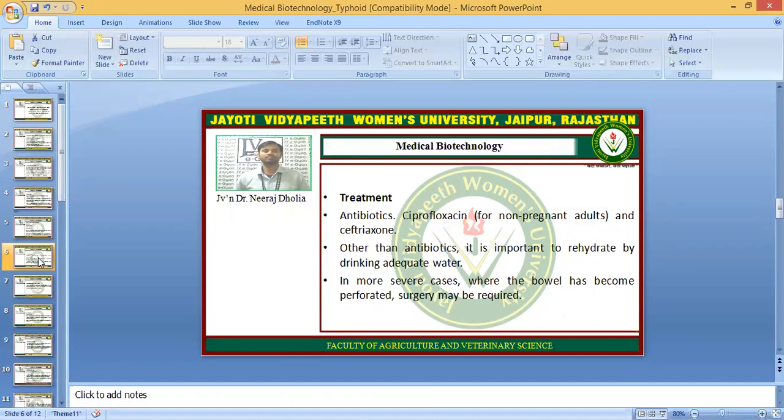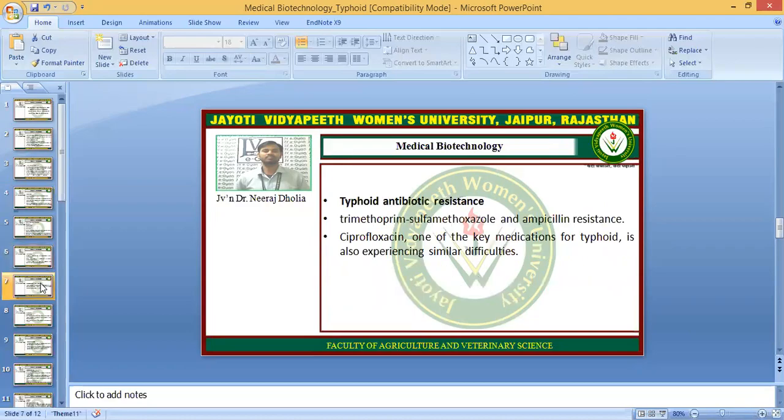Other than the antibiotics, it is important to rehydrate by drinking adequate water. And if the conditions worsen and become more severe, surgery may be required to treat the disease.